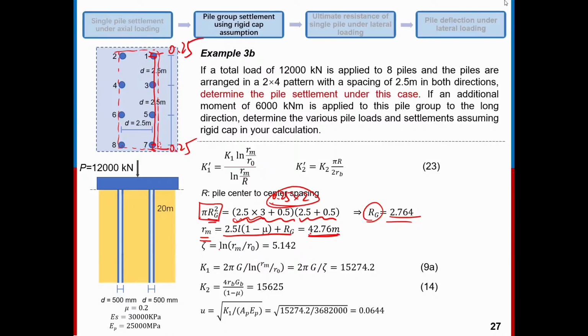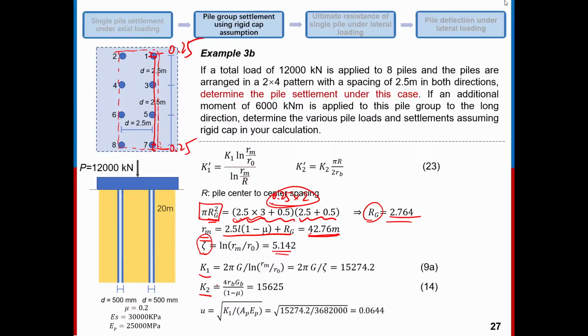And the zeta is equal to natural log Rm over R0, which is equal to 5.142, okay? This is zeta. And this zeta value is used in the equation 19, right? If you still remember. And the K1 and K2 can be calculated here.